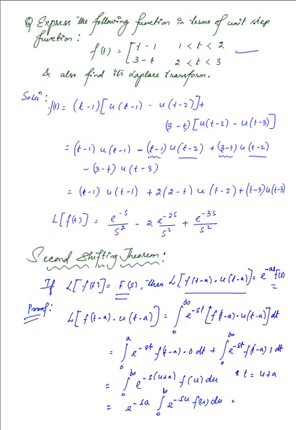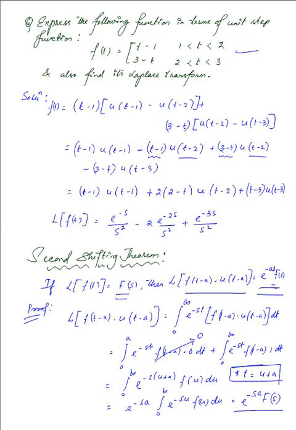But again, that would give us the same capital F as a function of s. So this is e raised to the power minus sa F of s, which is what we had given in the theorem.